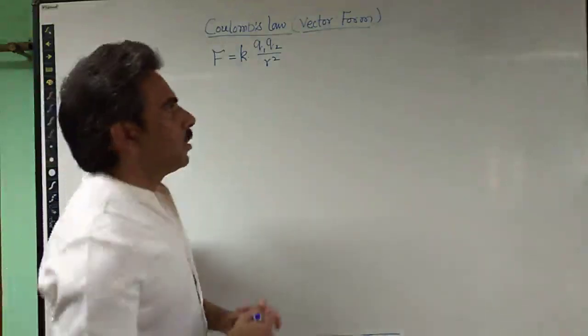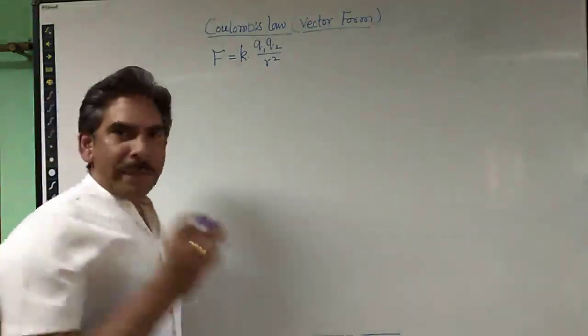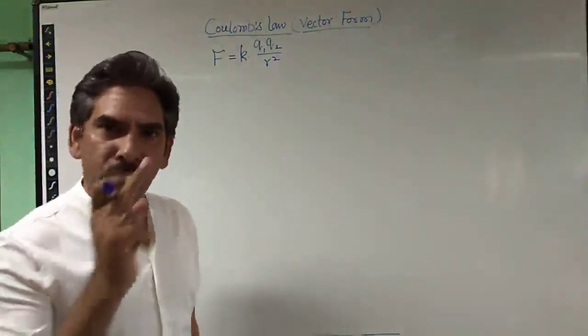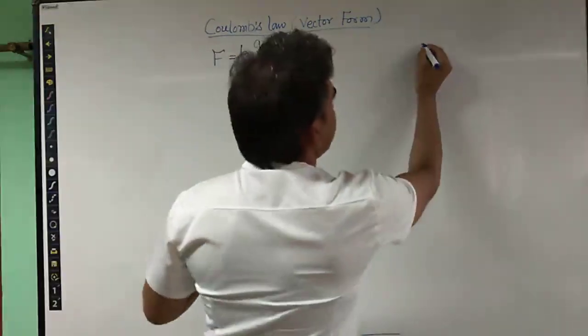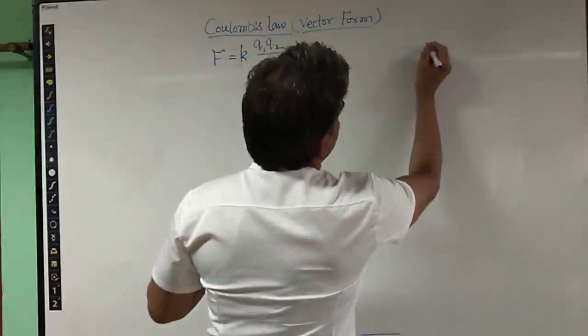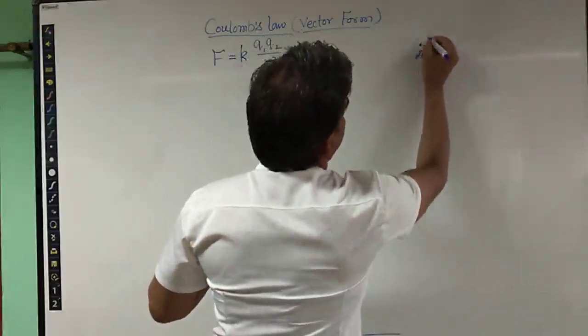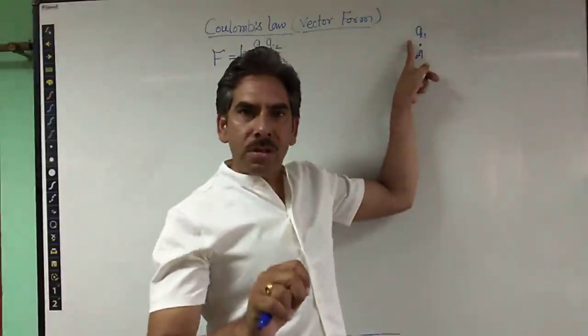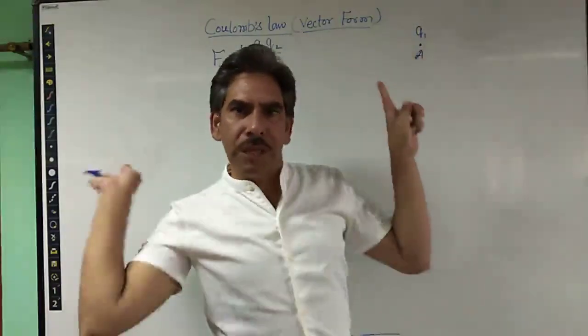So let me take the simple case. I am taking the charge under consideration which is exerting the force as Q1 here. Suppose that the charge is lying at position A, it is Q1. So this is the charge which is exerting the force on any other charge, which we have to write here.